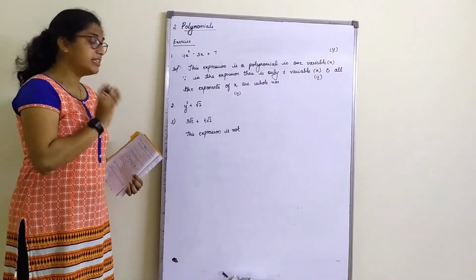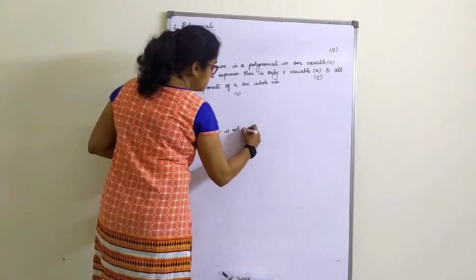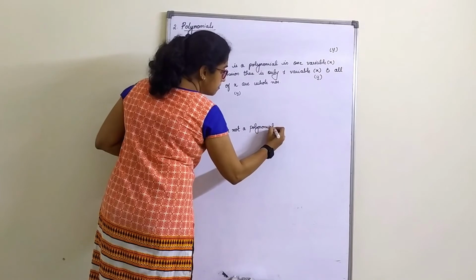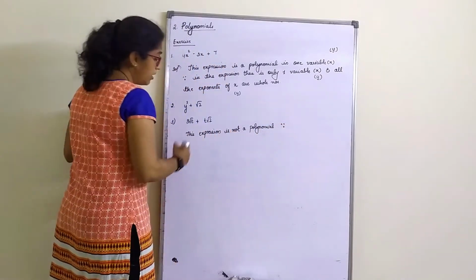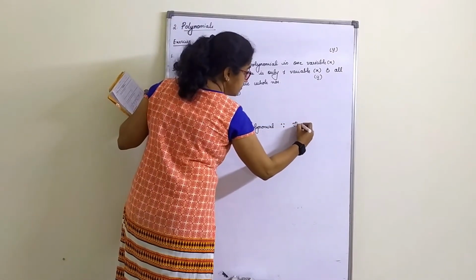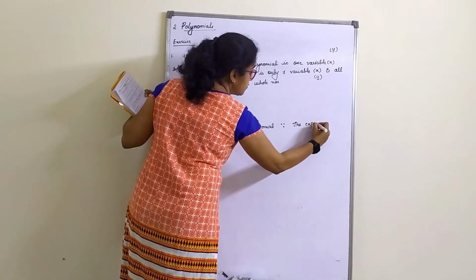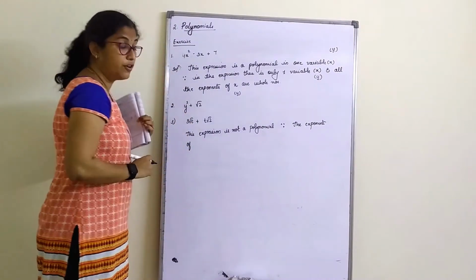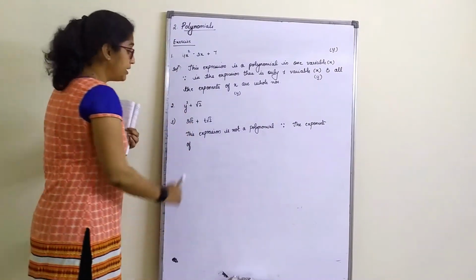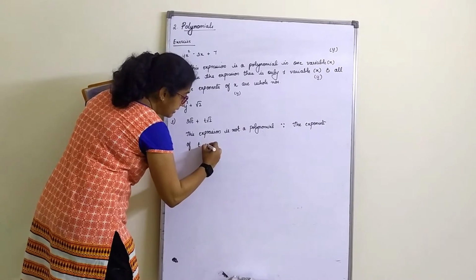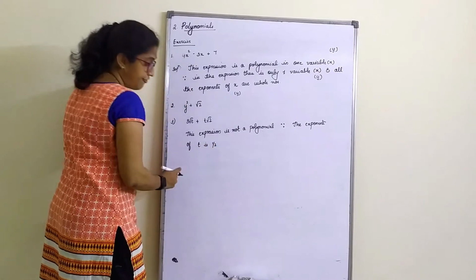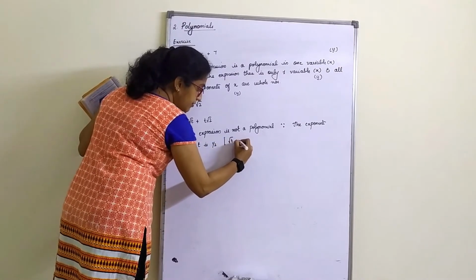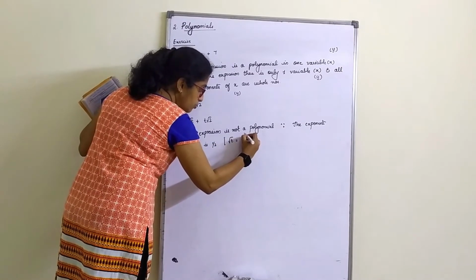Because the exponent of t is half. Root t is written as t raised to 1 by 2.